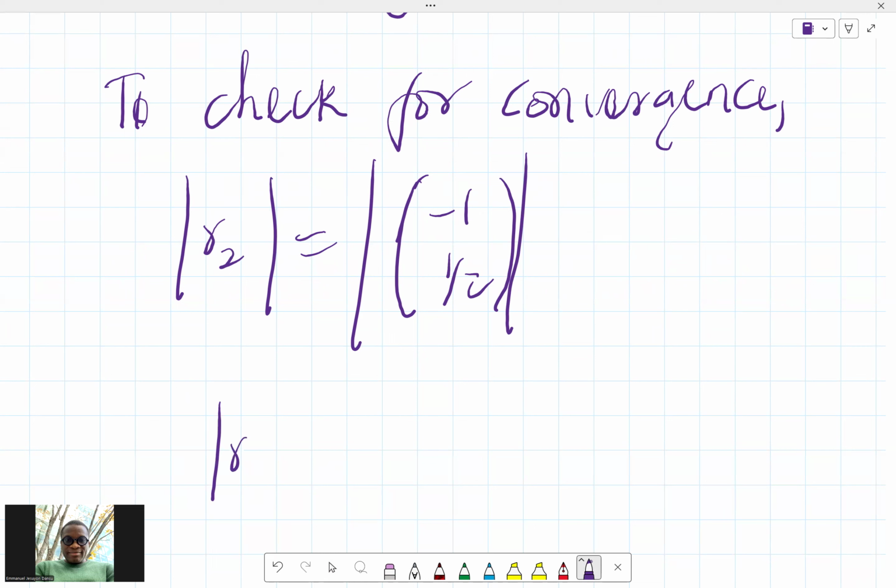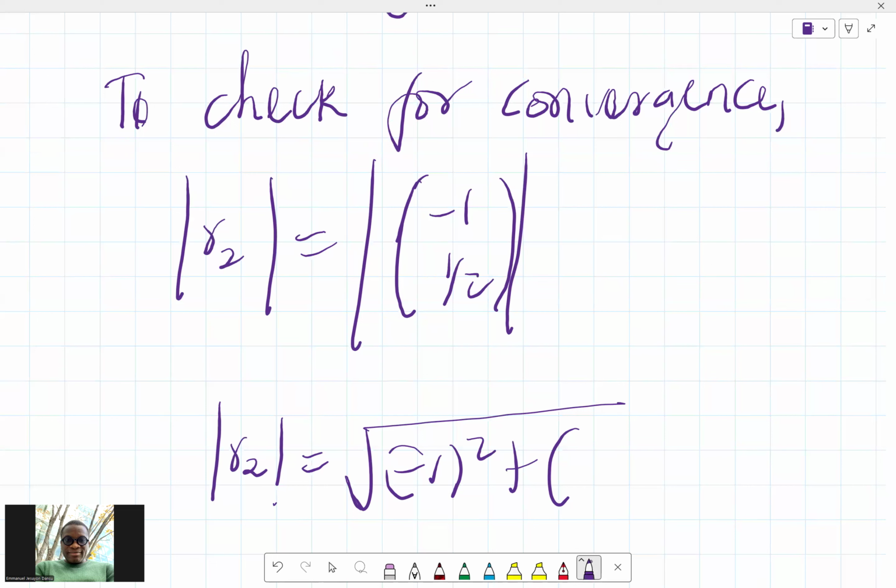I think that should be for a matrix. What is the absolute value of a matrix? That's like the determinant or something. I'm not sure. I think that should be like the square root of minus 1 squared plus... No, I'm not sure. I think that is what it should be actually, but I'm not very sure.